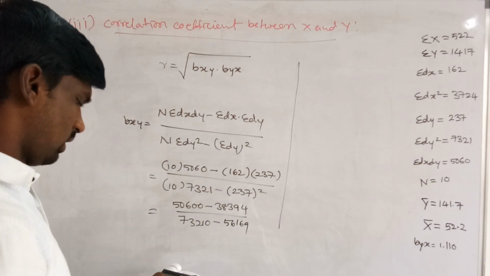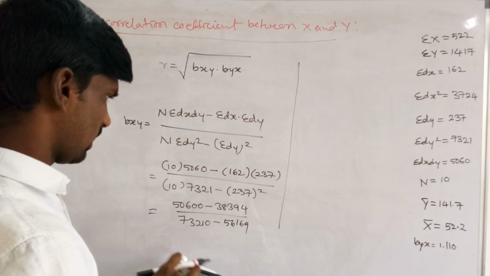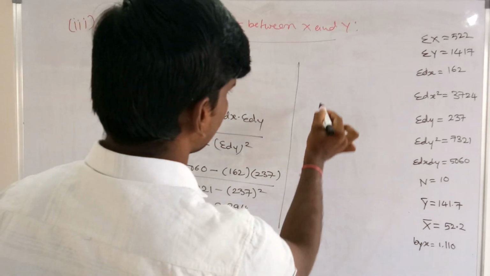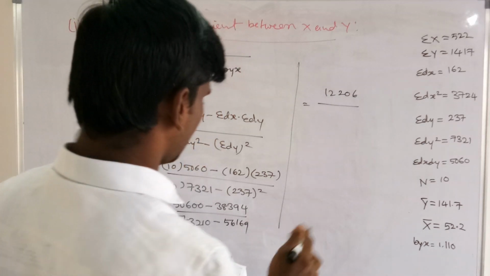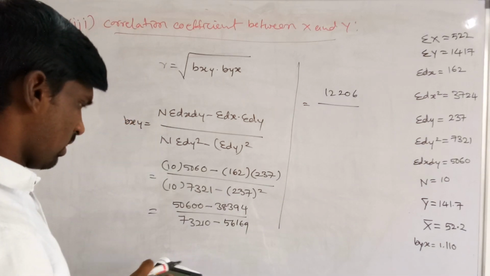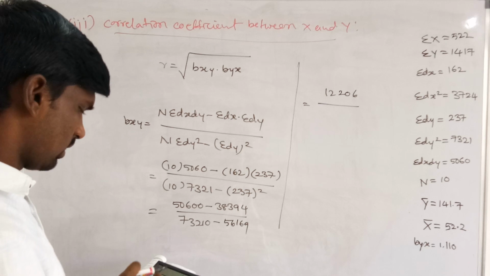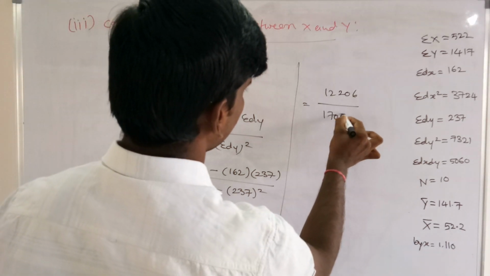So 50600 minus 38394 is 12206, divided by 73210 minus 56169, that is 17041.